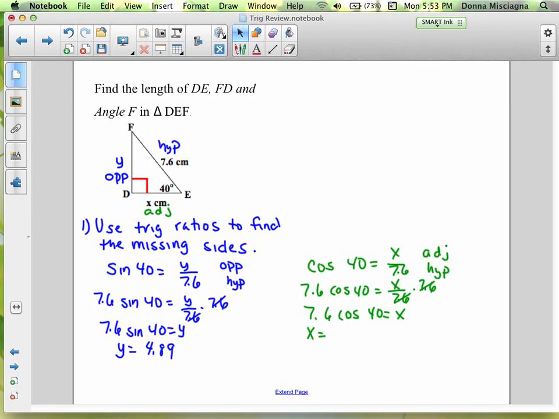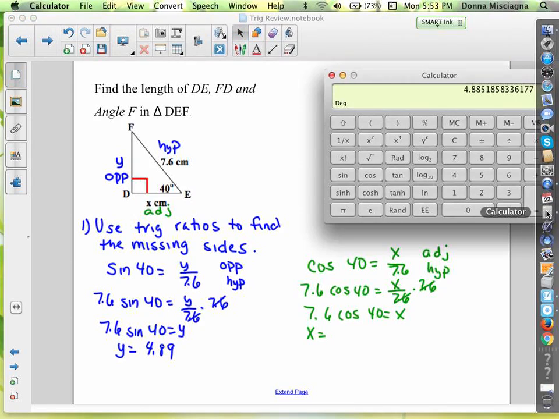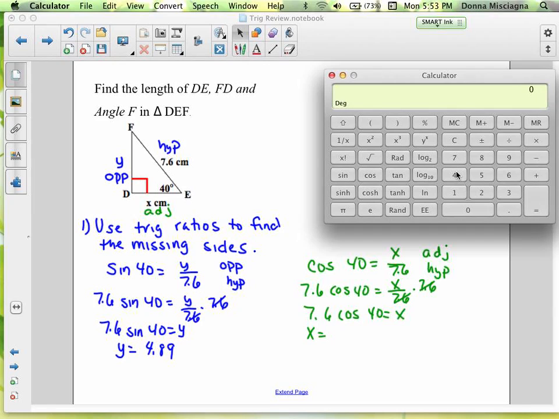Somehow I took up less space on that one. I think I wrote smaller. Oops. Going right past the calculator. All right, so we have 40 cosine times 7.6.